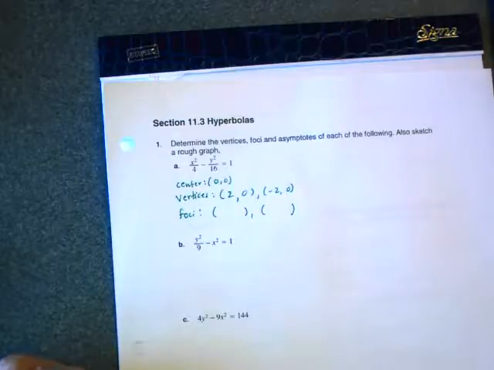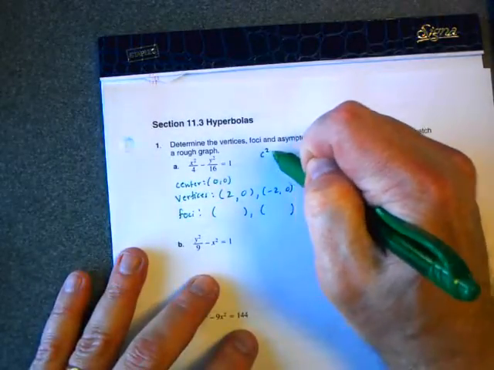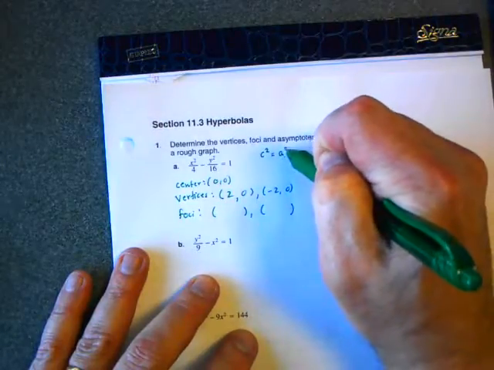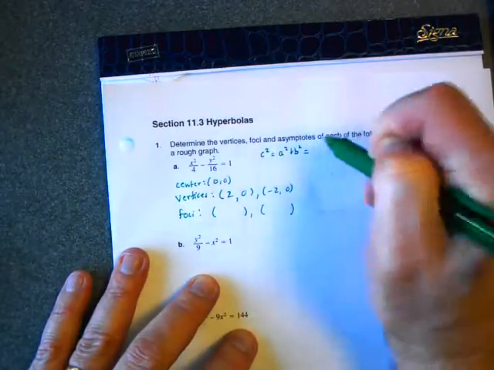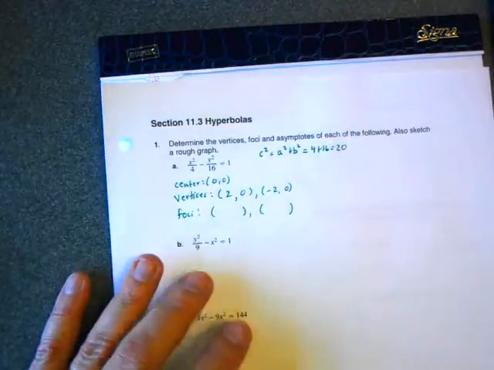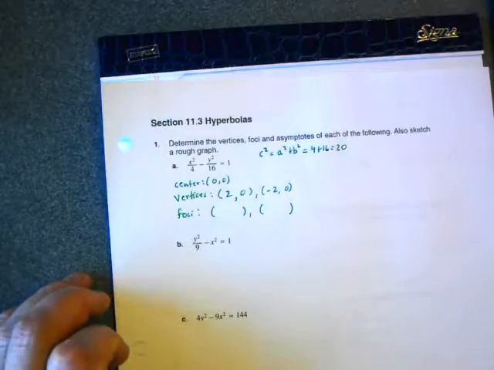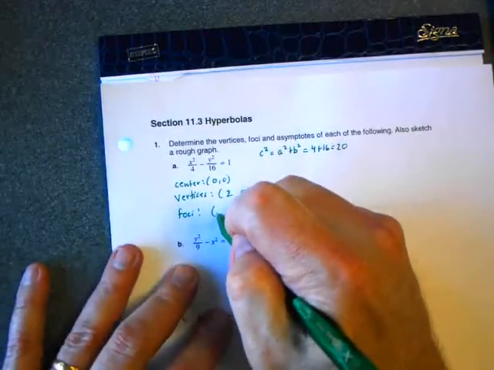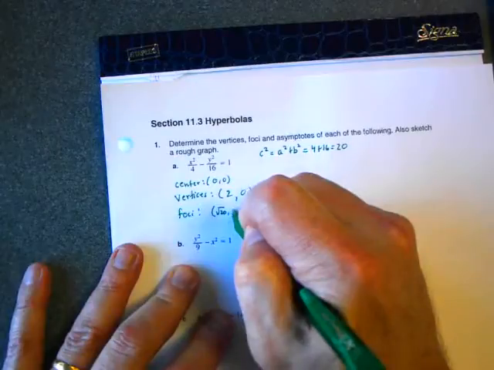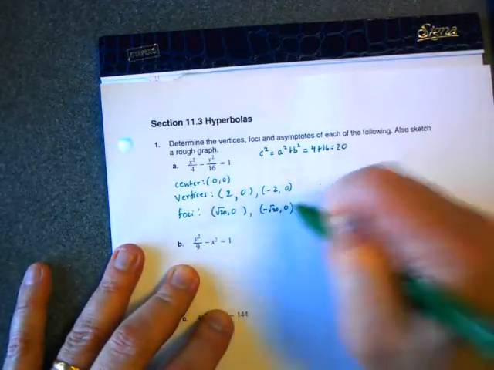Well, we don't exactly know it, but we can figure it out pretty easily, can't we? The little formula is C squared equals A squared plus B squared. So in this case, that's 4 plus 16, which is 20. So C is the square root of 20. So we're going to have square root of 20 comma 0 and negative square root of 20 comma 0.